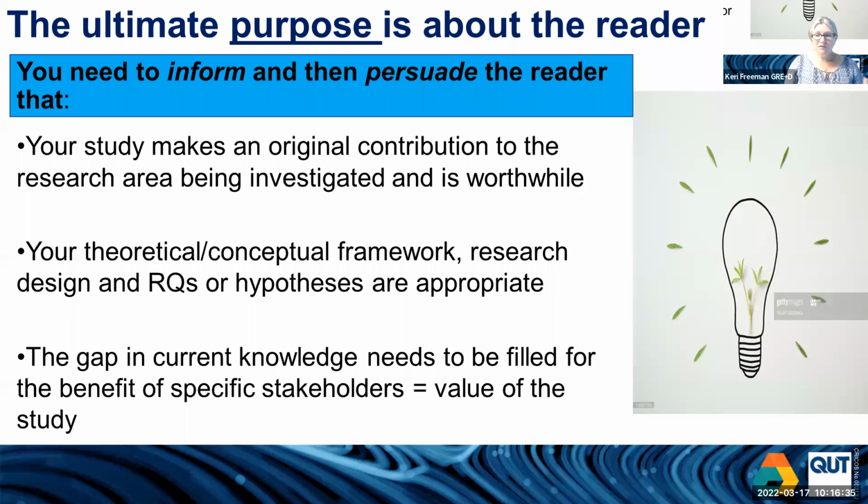This idea of informing and persuading, I talk about a lot. The informing is describing and explaining where we're at and what we know. The persuading is where your critical voice comes in, because remember, whether you're at the proposal stage or final thesis, you must persuade the reader that this is worthwhile research and that your investigation is needed.